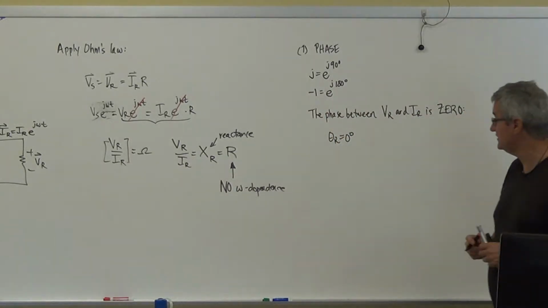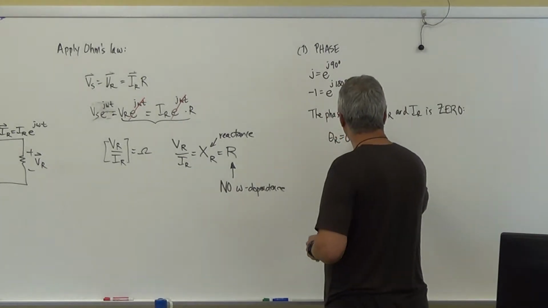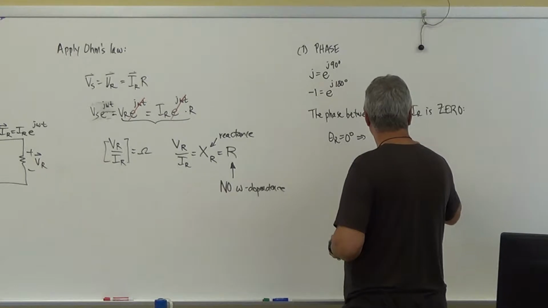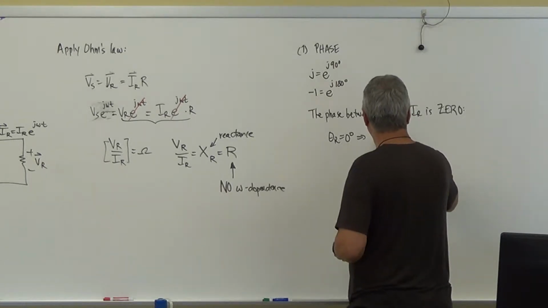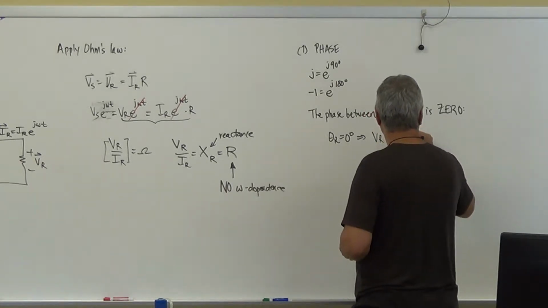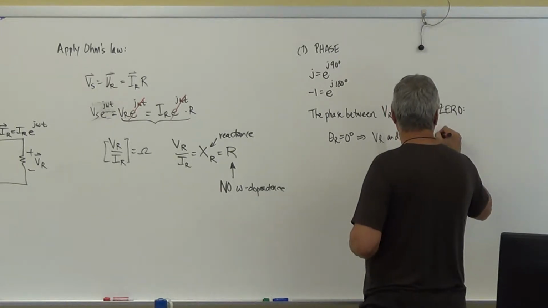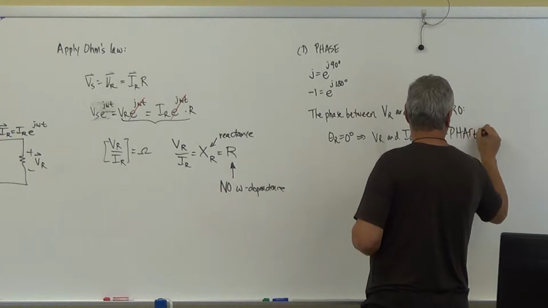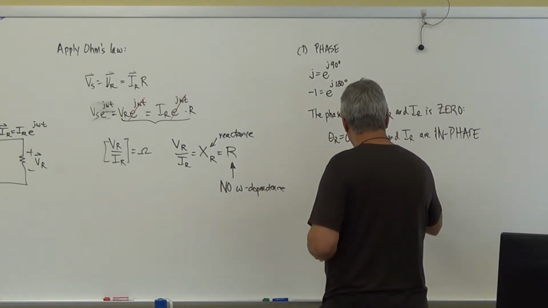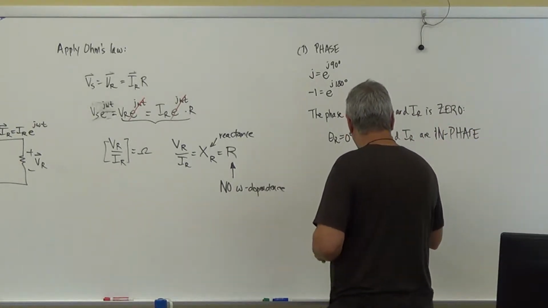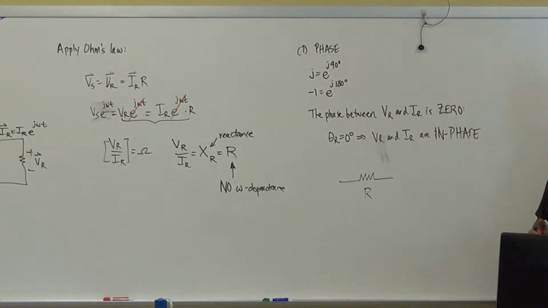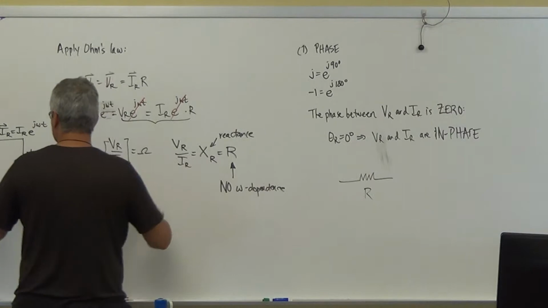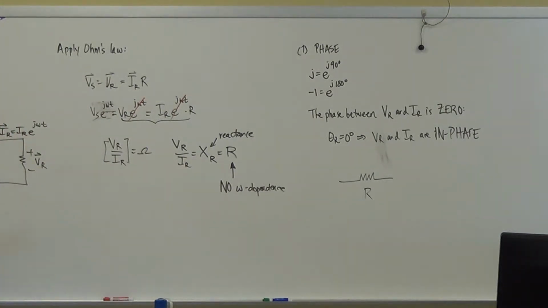So when I look at this thing here, what this really tells me is that VR and IR are in phase. That means that if I have a resistor here, and I look at the voltage source, I see it's oscillating with this frequency omega.